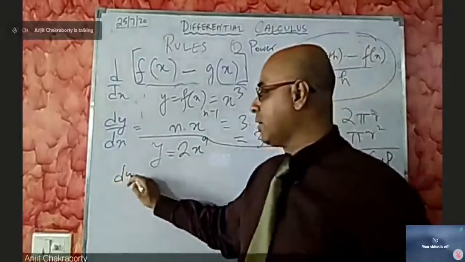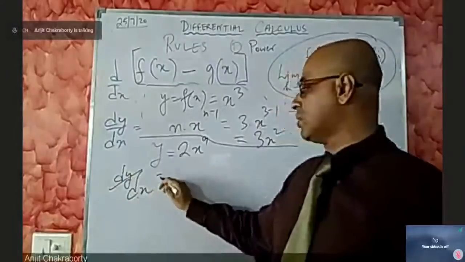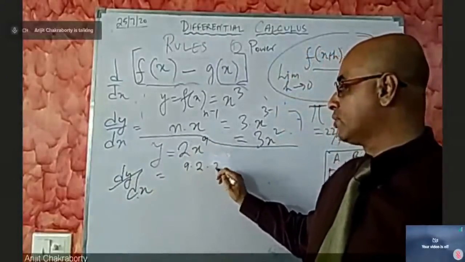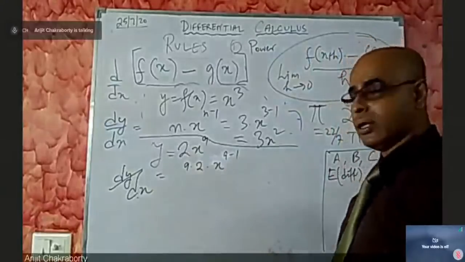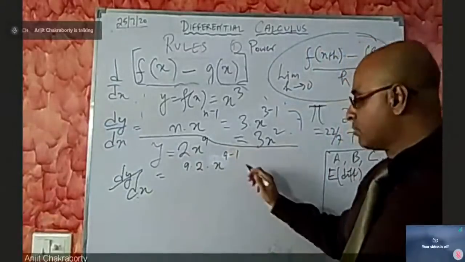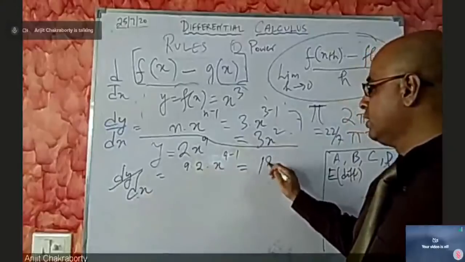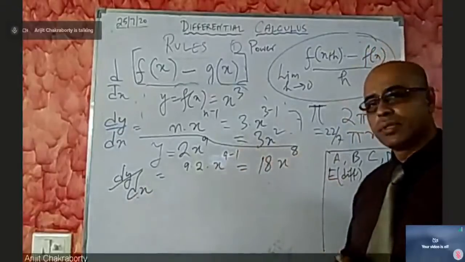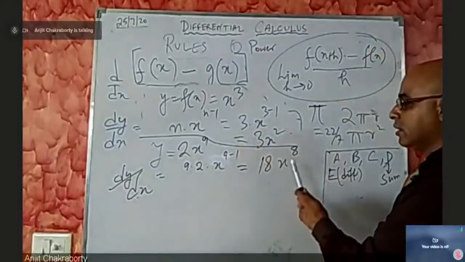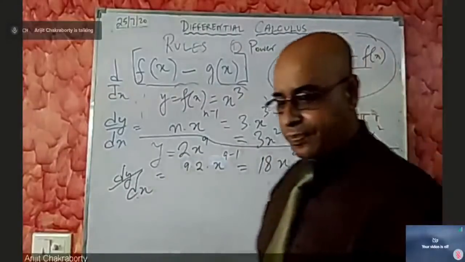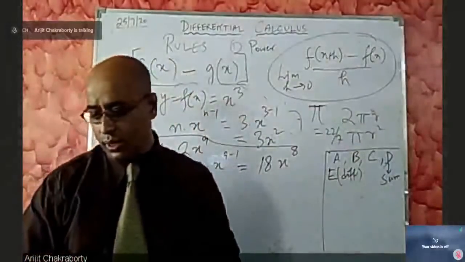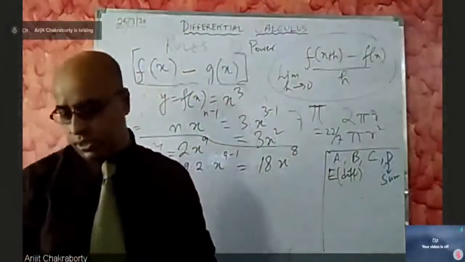So dy by dx is equal to, the 9 will come down, 9 into 2 into x to the power 9 minus 1, n minus 1. So 9 into 2 is 18, x to the power 8. So it becomes 18x to the power 8. I'm sure it's clear, and these are very simple formulas, nx to the power n minus 1.